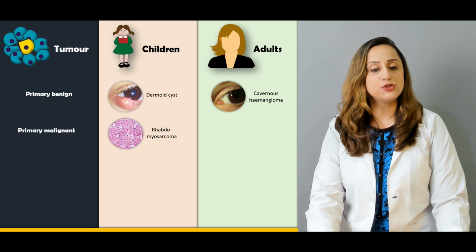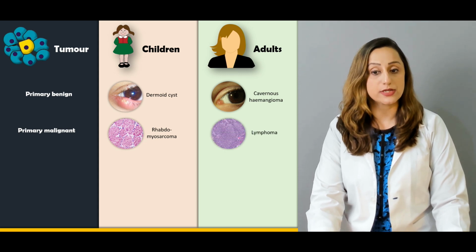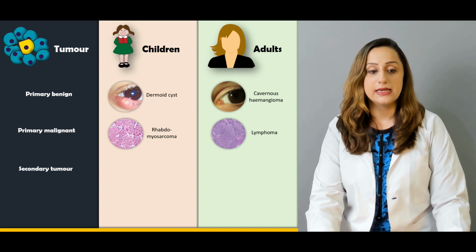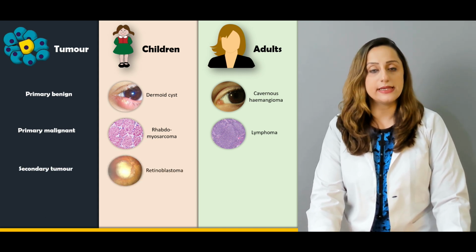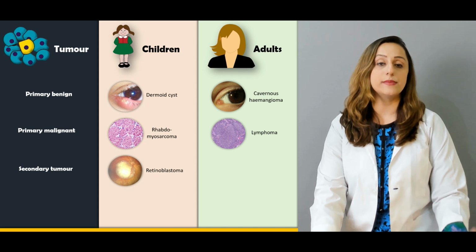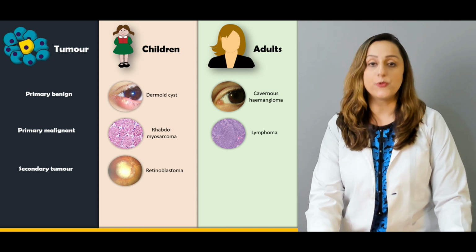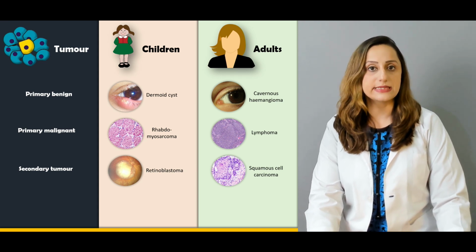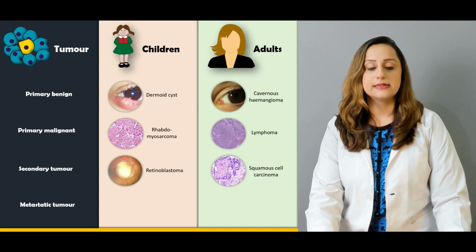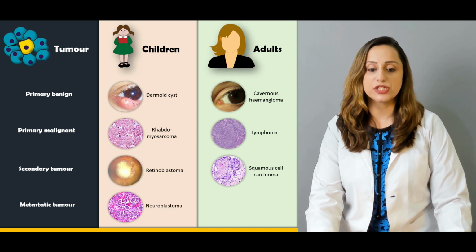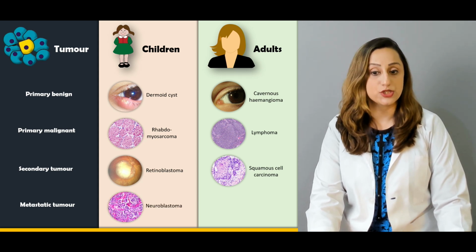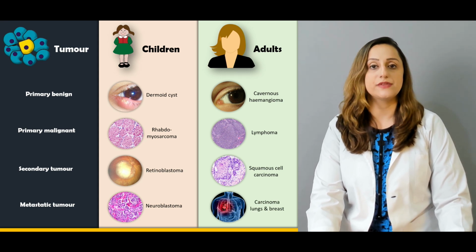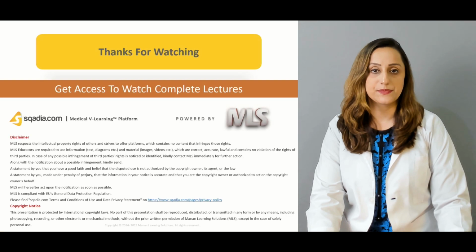In children, they usually suffer from rhabdomyosarcomas, and in adults, from lymphomas. The secondary tumors most commonly diagnosed in children are the retinoblastomas, while in adults they are usually squamous cell carcinomas. The metastatic tumors in children are usually neuroblastomas, and in adults, they are usually carcinomas of the lung and the breast.